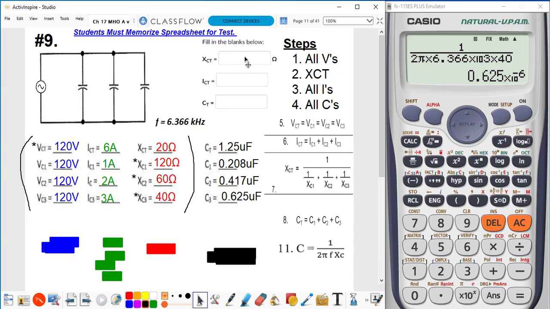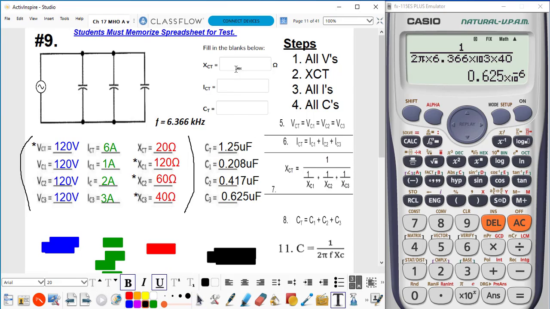And here's the values here. I simply just copied and pasted them from the Chapter 17 Math Handout Canvas Answer Sheet assignment in the Chapter 17 module of your Canvas page, and these are the values you're looking for. So for our XCT, we're just going to do 20 because we're not going to type in the ohms.